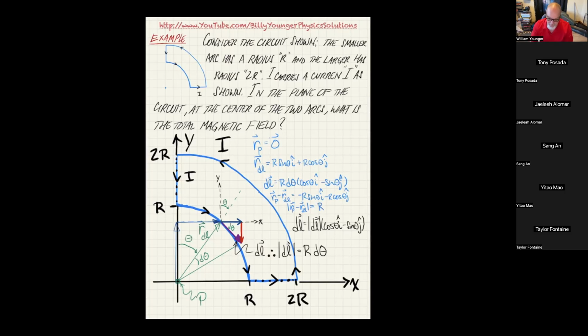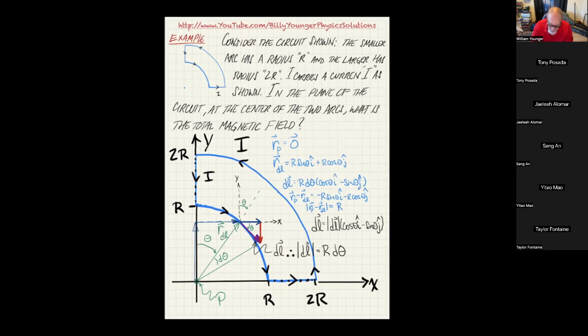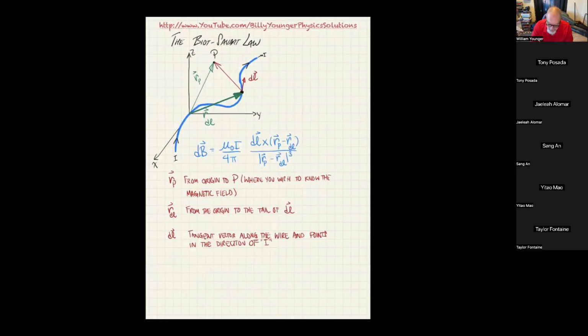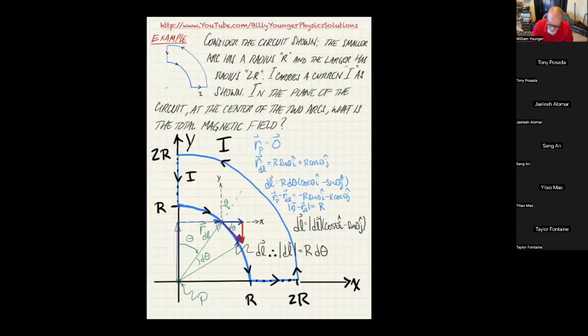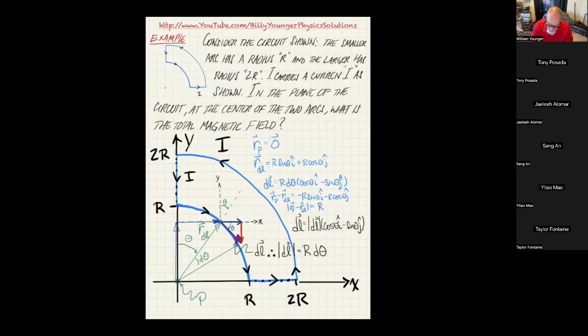Yeah, good job. So now we've got all the parts we need, and we can even start to make sense. Notice the Biot-Savart law says that our direction is going to be DL cross RP minus RDL. RP minus RDL we see is just that negative R sine theta i hat minus R cosine theta j hat, which is basically negative RDL. So it's the green vector, but with the head at the opposite end.